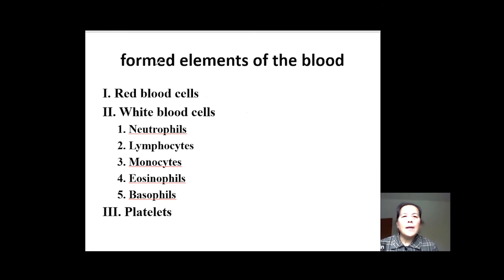So basically the cells in the blood circulation, we have three different kinds of cells. Red blood cell. Usually we simply say RBC.